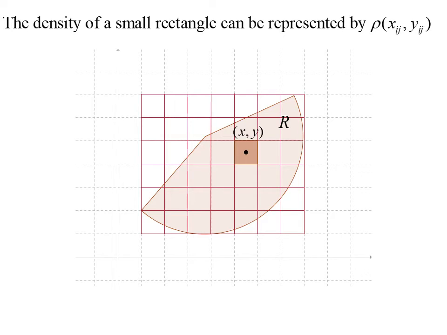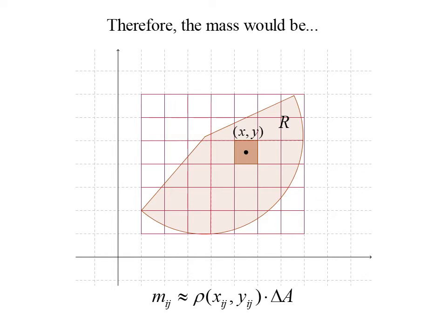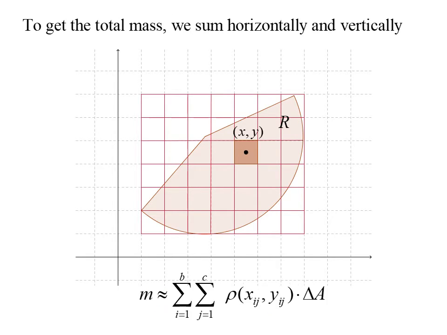Likewise, we will do the density in terms of just any small rectangular piece. And so the mass of any individual square is the density of that square times the area of that square. Therefore, we can get the mass of that entire region by adding horizontally and vertically.